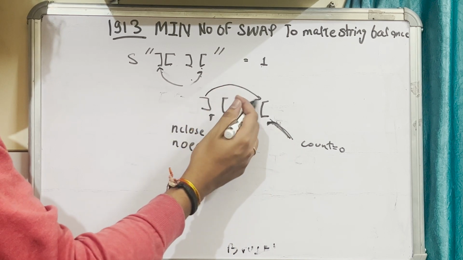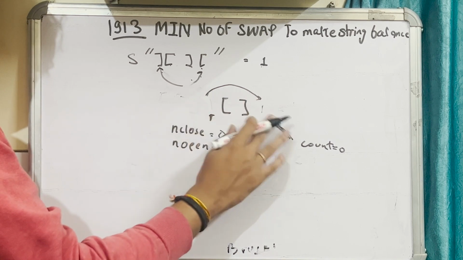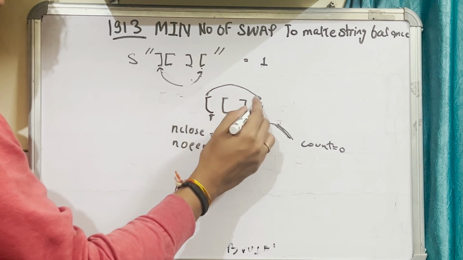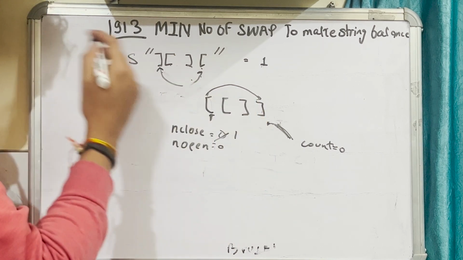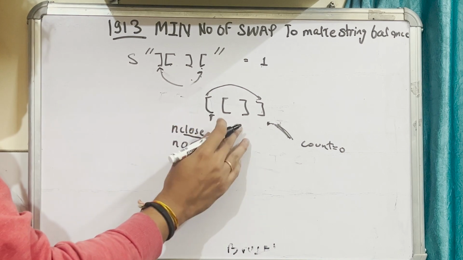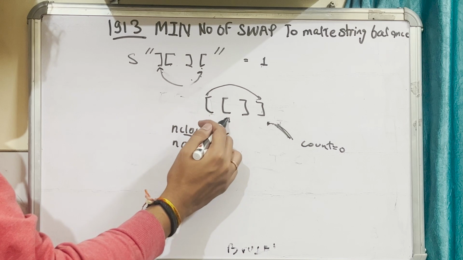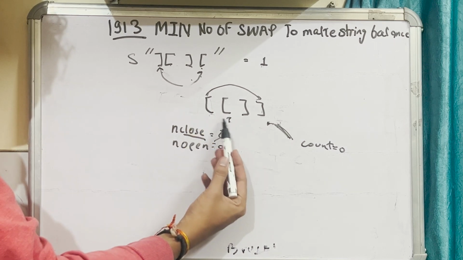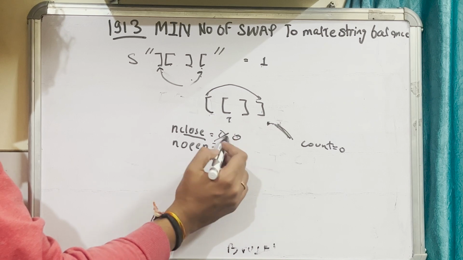Swap it. So this will turn into this string. And you'll decrease the count of closing brackets as you increase the i here. Before this, you can see there is no closing bracket, so closing will again go from 1 to 0.